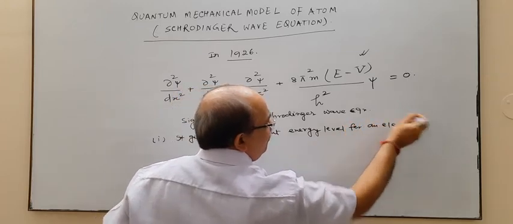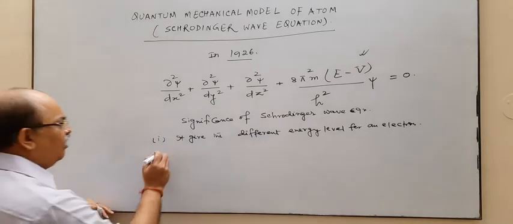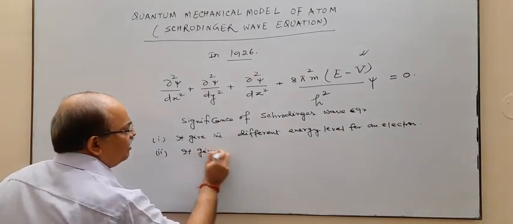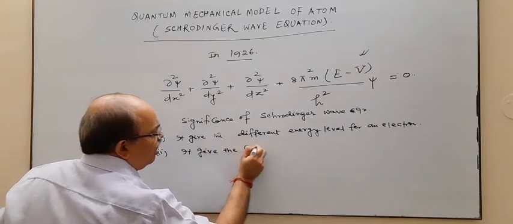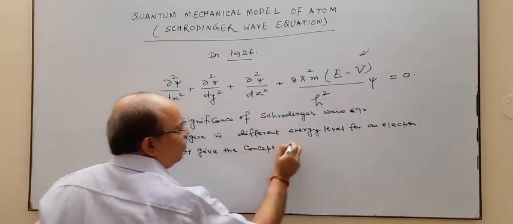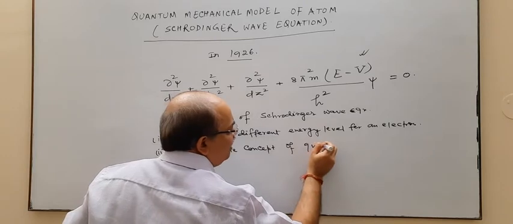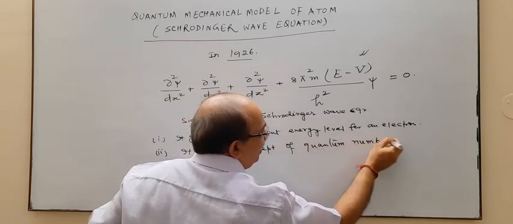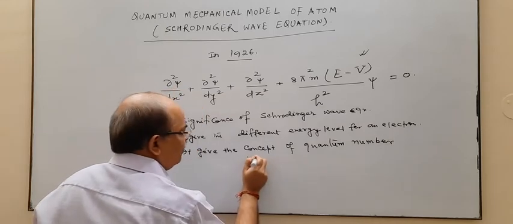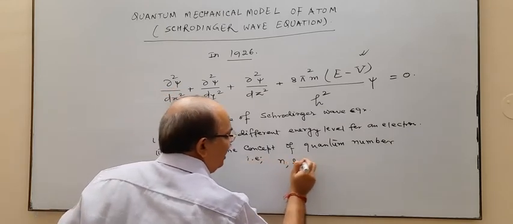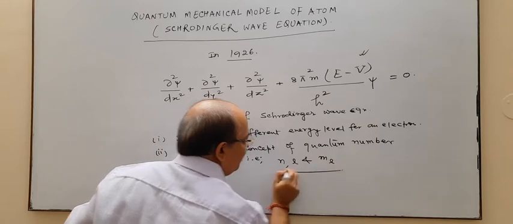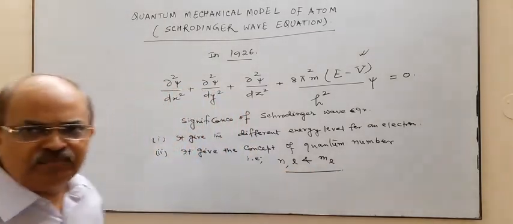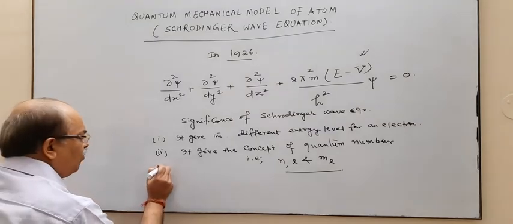That is the first outcome. Second outcome, it gives the concept of quantum numbers, that is n, l and ml: principal quantum number, azimuthal quantum number and magnetic quantum number.